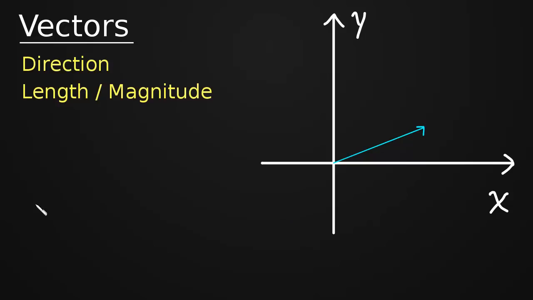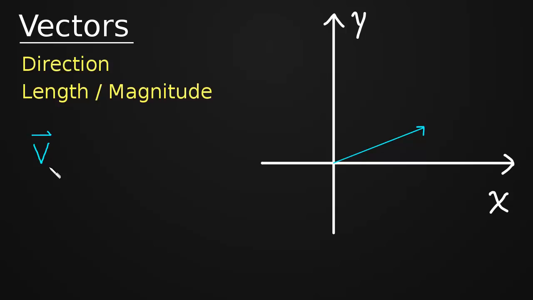Here is a vector, and I want to, first of all, name that vector. So I'm just going to call it v, and I'm going to put a little arrow over the top of it to make sure that we know that this is a vector.